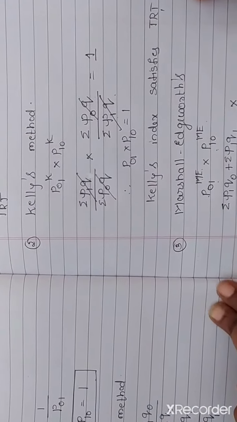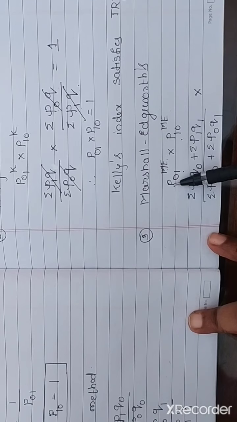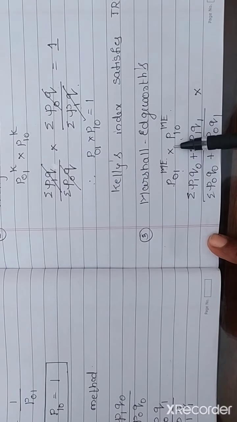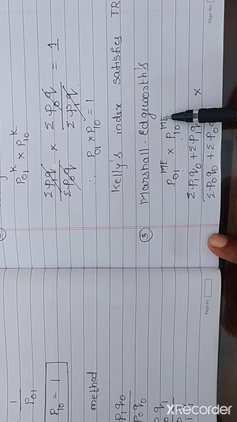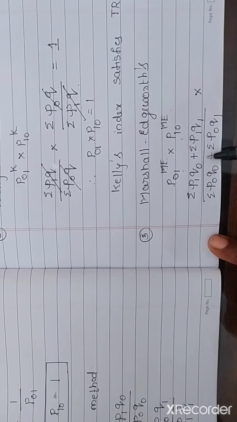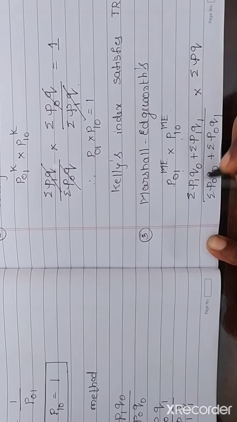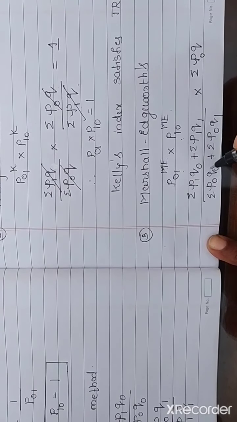Now we'll consider Marshall-Edwards. P01 Marshall-Edwards into P10 Marshall-Edwards. Here the Marshall-Edwards formula is summation P1 Q0 plus summation P1 Q1 divided by summation P0 Q0 plus summation P0 Q1. Now interchange 1 and 0. Summation PQ as it is; here 1 is there, we consider it as 0, and where 0 is there, it is considered as 1.